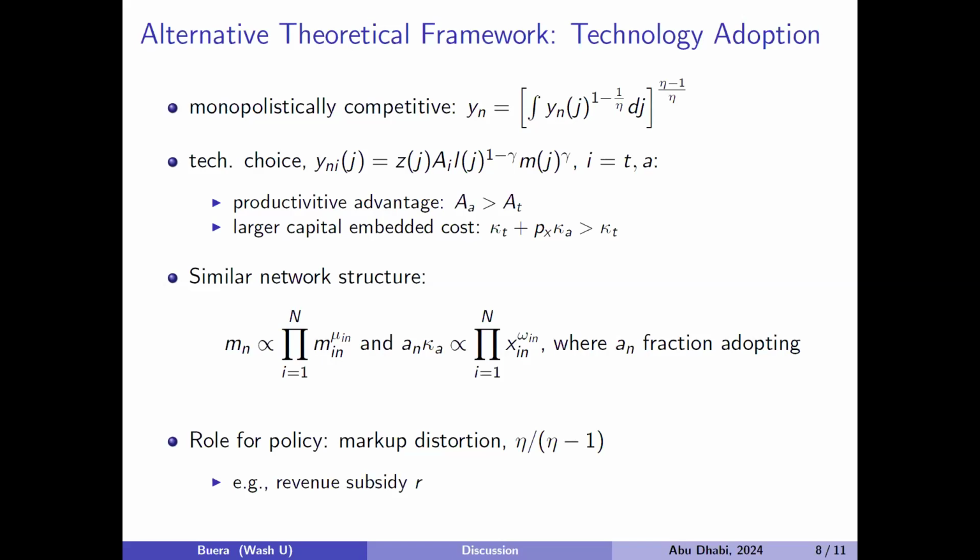So a simple extension of the framework they consider is one where there is some heterogeneity in the output produced by each firm in a sector, and there's a potential technology choice between more traditional and more modern technologies, and importantly, the modern technology is capital-embedded.